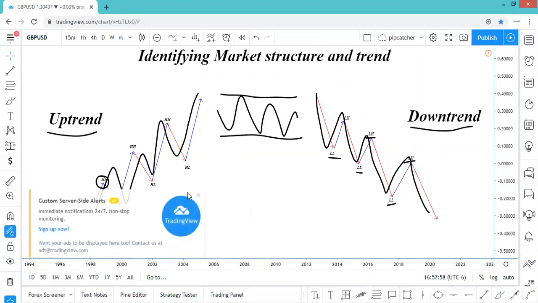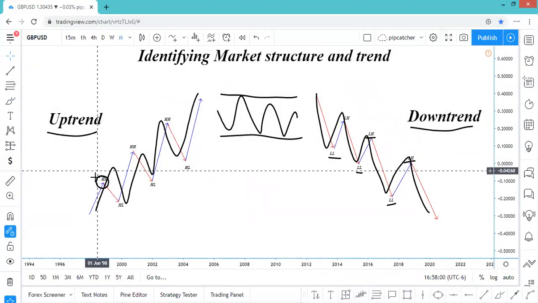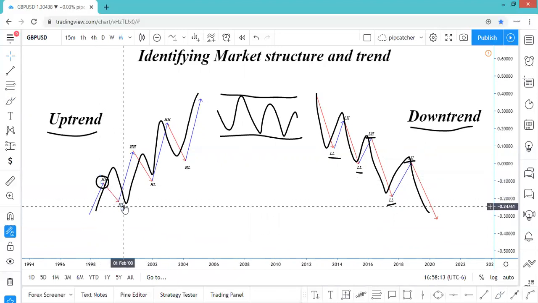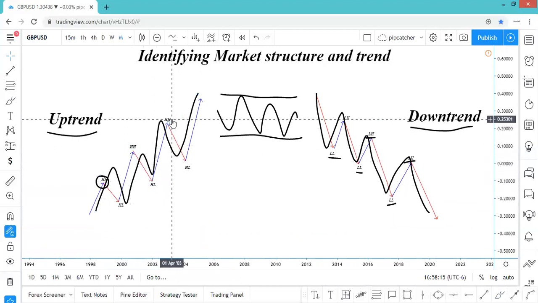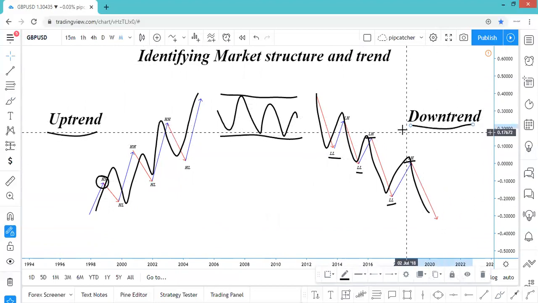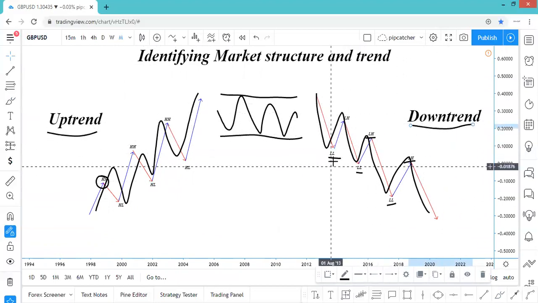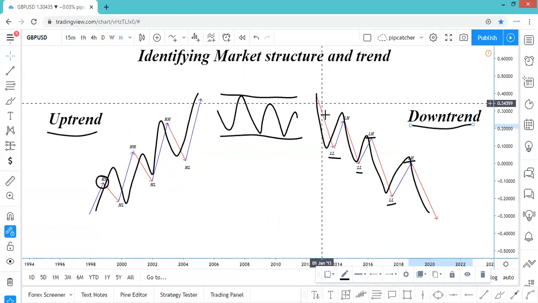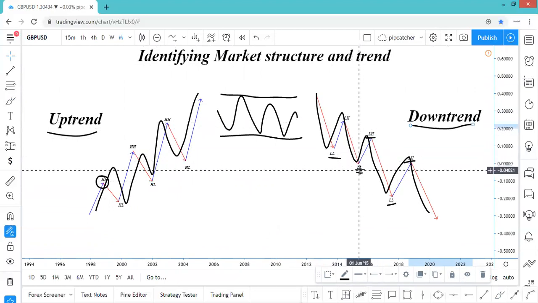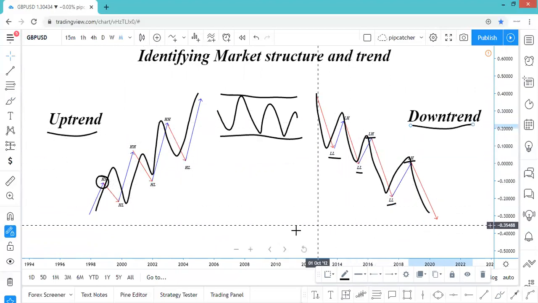And what an uptrend consists of is a sequence of higher highs, higher lows, higher high, higher low, higher high. And what a downtrend would consist of, what you can identify when you look for a downtrend, is lower lows, lower highs, lower lows, lower highs, and so on.